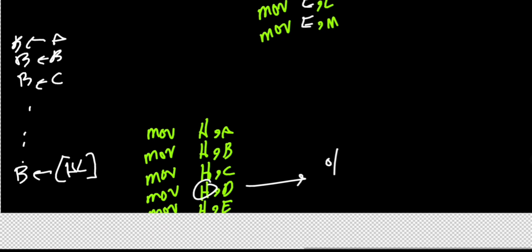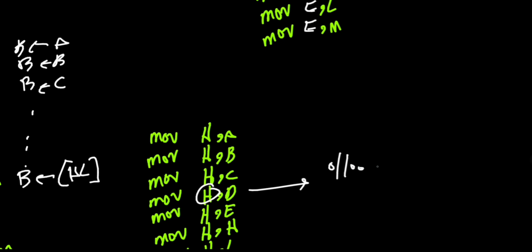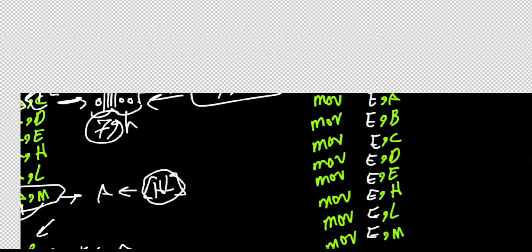So 100 and 010 would be the next 3 bits. This is for the H, this is for the D. And if we separate them in 4, this would be 6, and this would be 2. 62 in hex is the opcode for moving the contents of the D to H register.